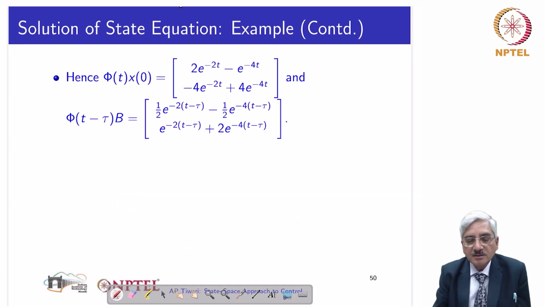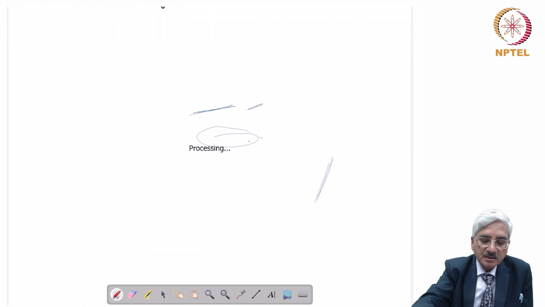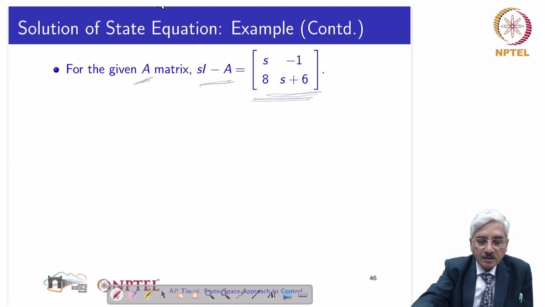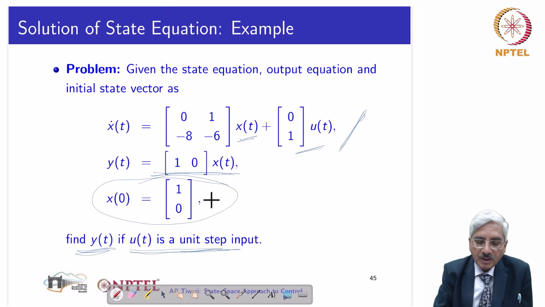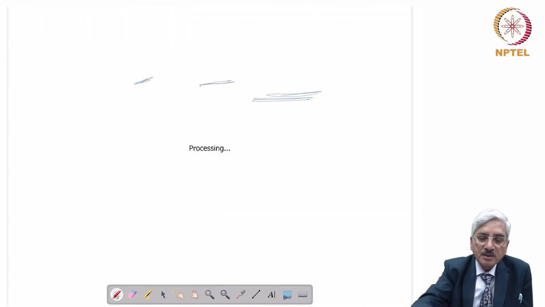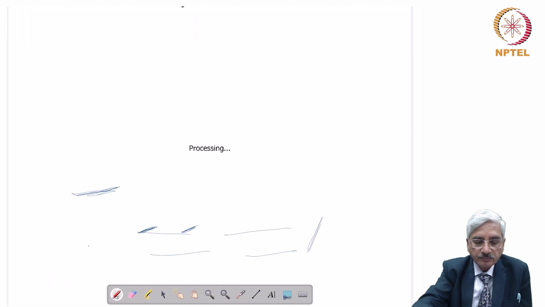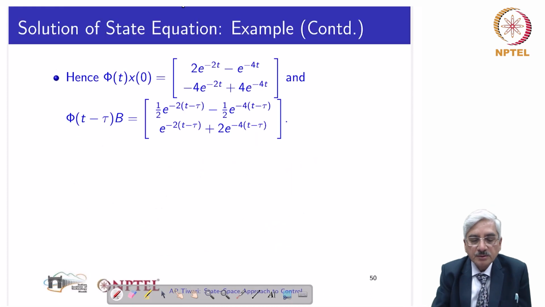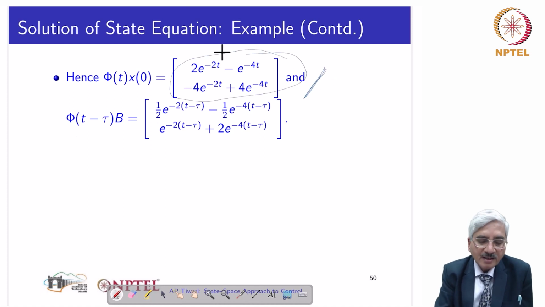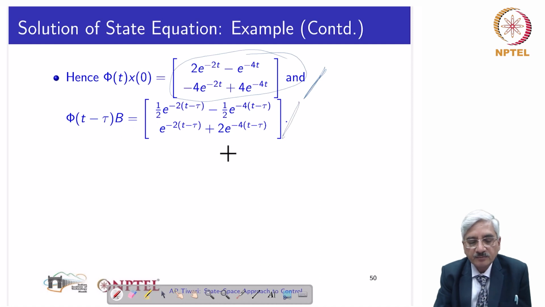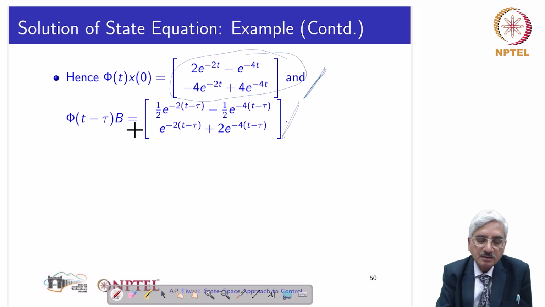And once phi t is there and x0 was given as 1, 0, then phi t x0 is equal to this one, and phi t minus tau into b is this one, a column vector, because phi is n by n, b is n by m.